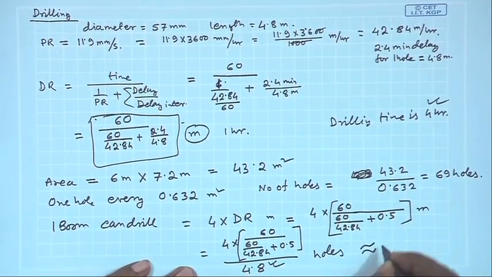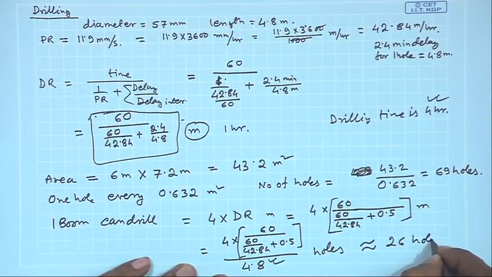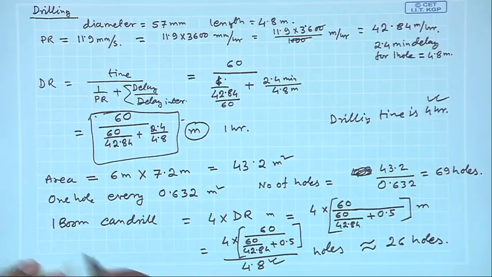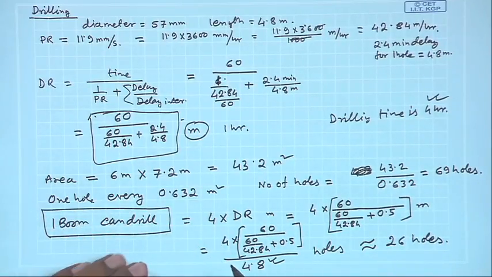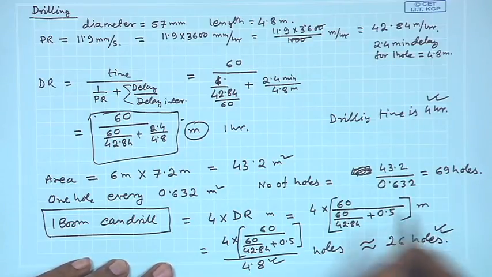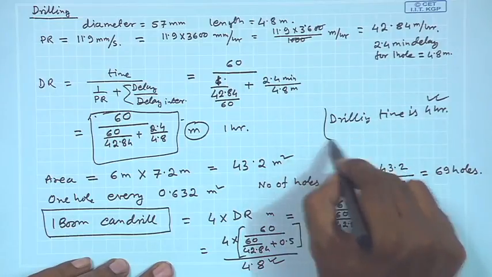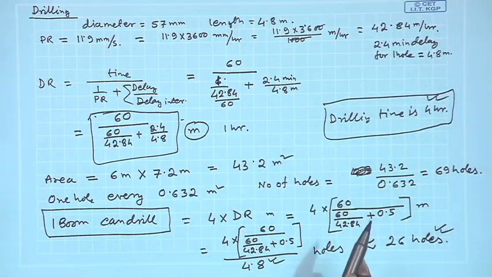If you solve it, you will get that 26 holes can be drilled by one boom of the jumbo drill. So, if your drill machine is a one boom jumbo, it can drill 26 holes in 4 hours, which is the allowable drilling time for a particular phase.